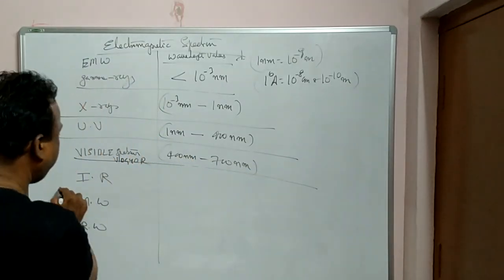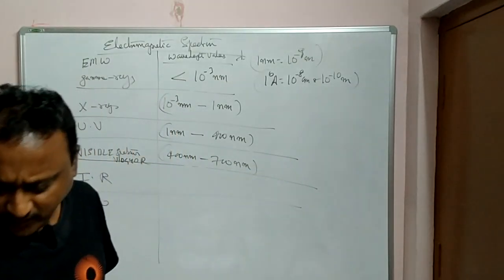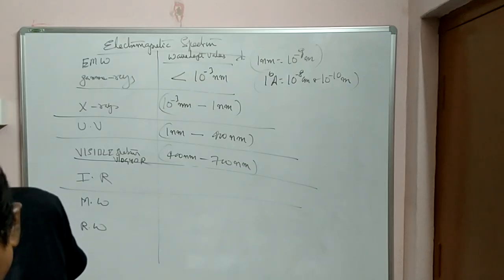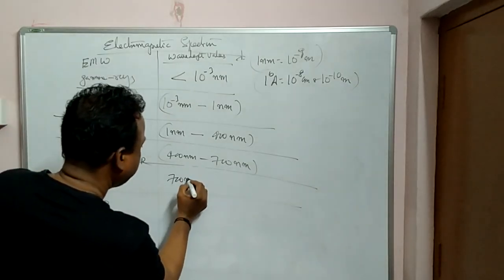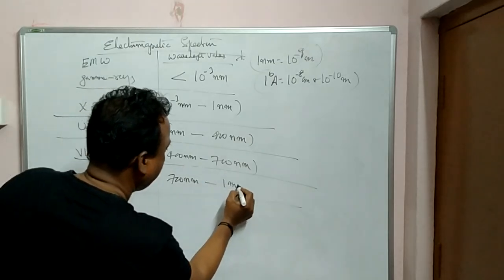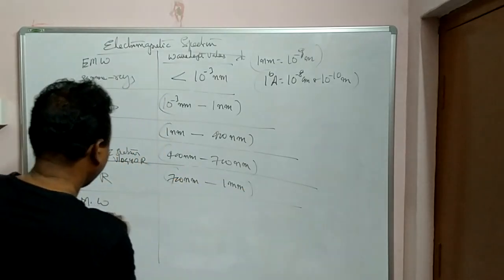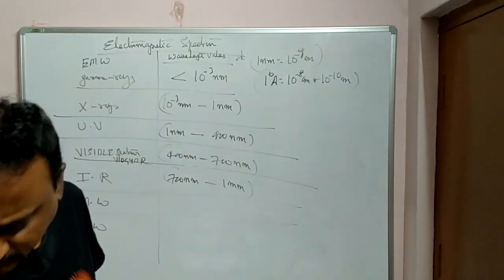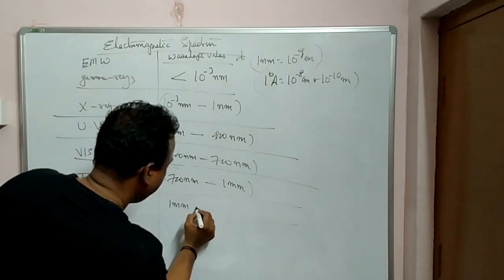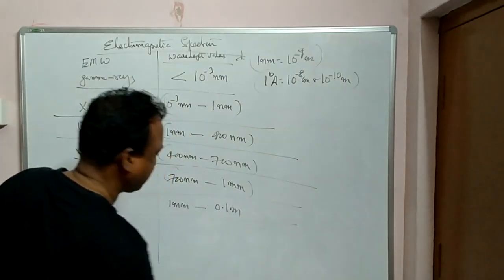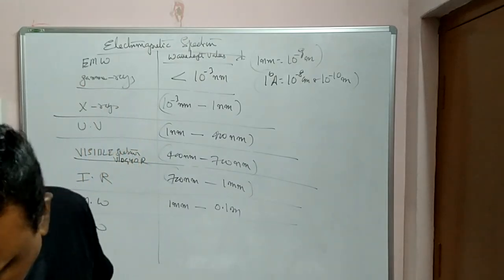Next one, infrared rays, IR. Infrared rays are 700 nanometers to 1 millimeter. Microwaves: 1 millimeter to 0.1 meters, and you have to remember this range too. And the last one, radio waves.